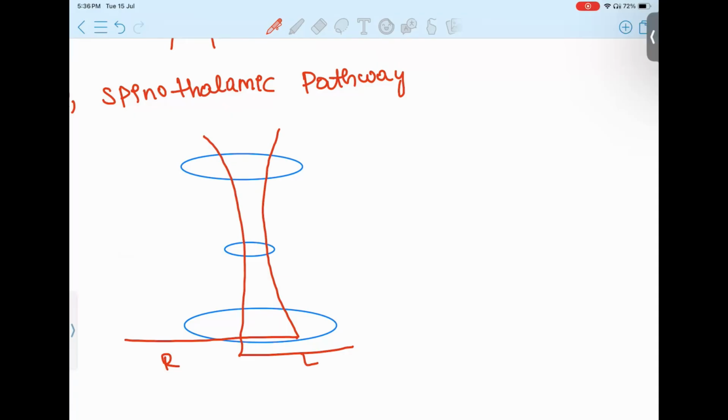So this is how the pathway goes. Here you can see the decussation: from the left side it travels and shares the pathway to the right side of the spinothalamic pathway, and the right side travels towards the left side and shares the pathway to the thalamus on the left side. So the decussation in this pathway is occurring at the level of the spinal cord.